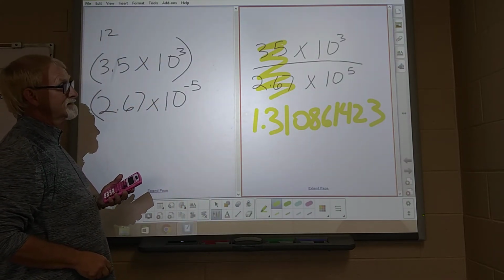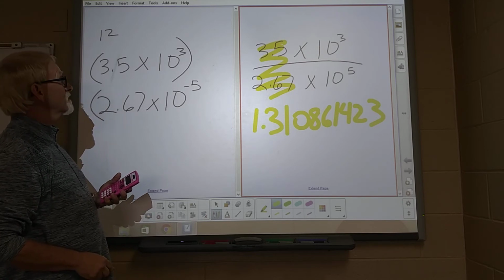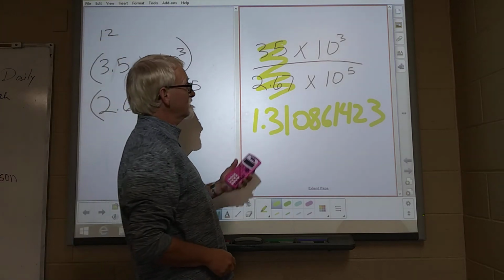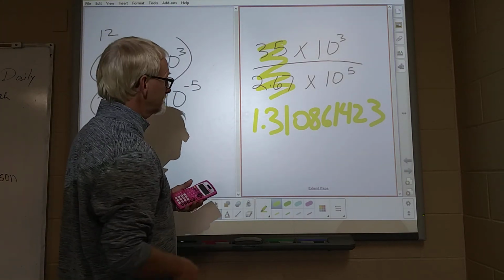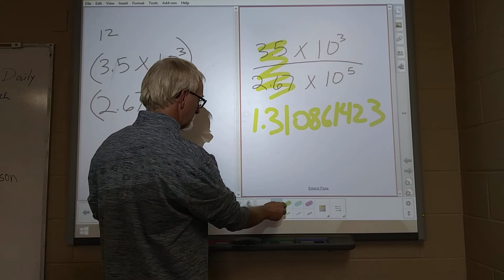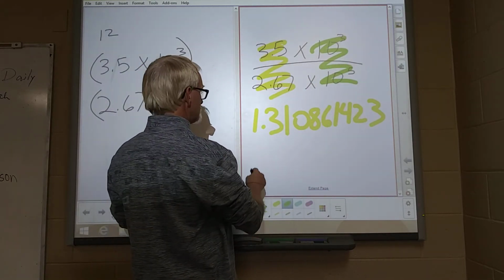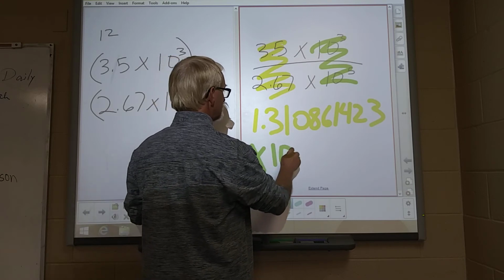Now we've got that 10 to the third divided by 10 to the 5th, so it's going to be 3 minus 5, times 10 to the negative 2.